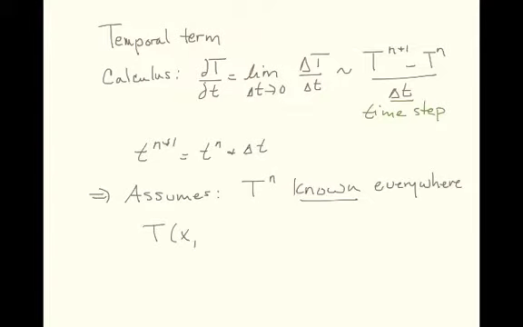T of x, Tn is equal to known. So our goal is to determine T of n plus 1 j.